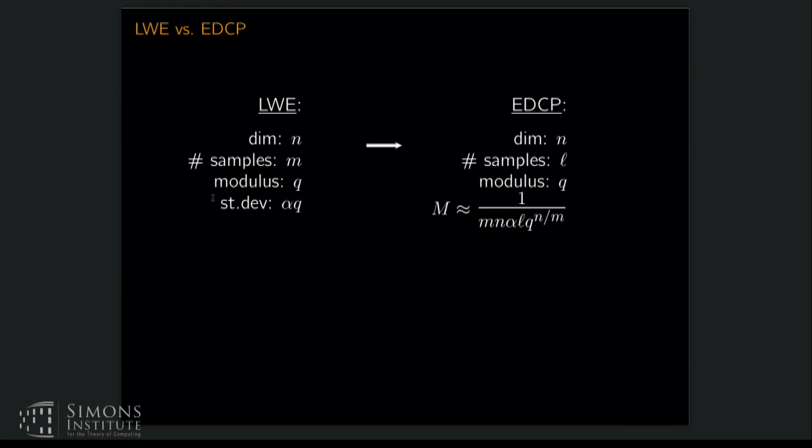constant. Why, when you think that smaller noise would mean M is smaller? Using small noise would mean M is big, because alpha is the inverse of the noise rate. Sorry, it's a noise rate, but the standard deviation is Q times alpha. So the smaller alpha is, the bigger M is. It sort of goes the opposite way than I would have thought.